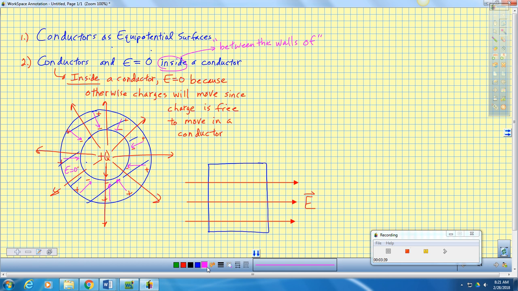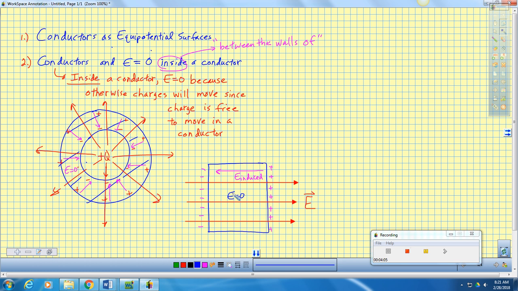That field pushes positive charges this way, or you can think of it as attracting negative charge to this side, and that creates an induced electric field, this is my E induced, that acts this way, so that very quickly E ends up being 0 inside this conductor. That part we're comfortable with.